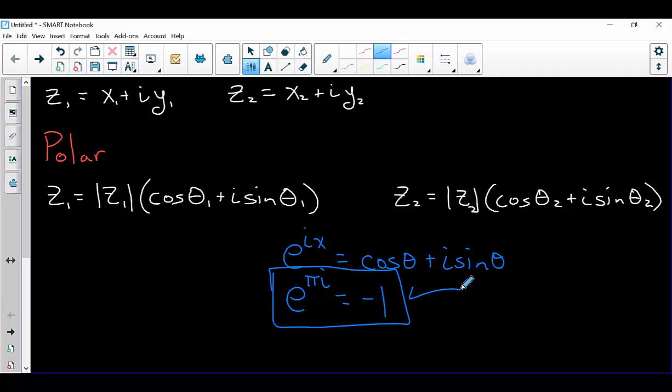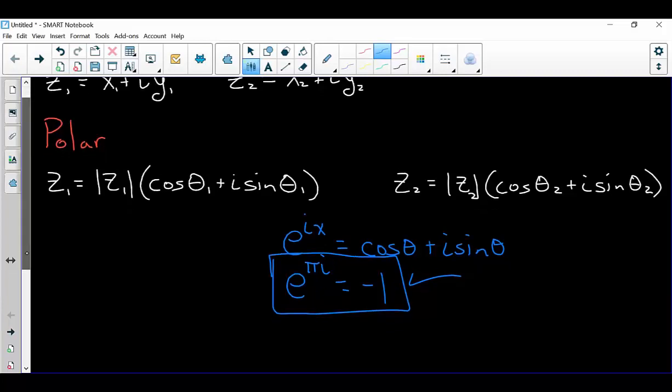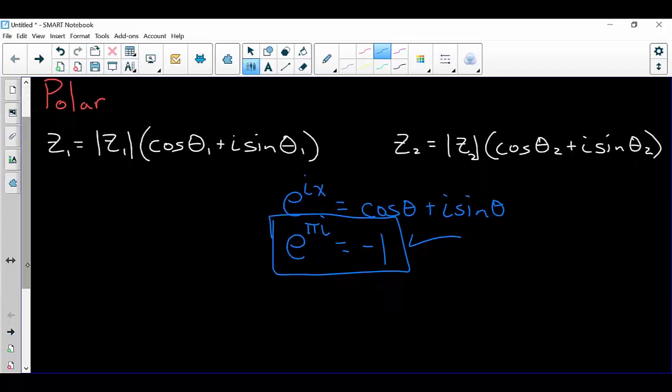Now, in that case, we were just acting as though we were dealing with the unit circle. In other words, we were acting as though the norm, the magnitude, of these complex numbers was 1. But you can easily see how we could rewrite this.